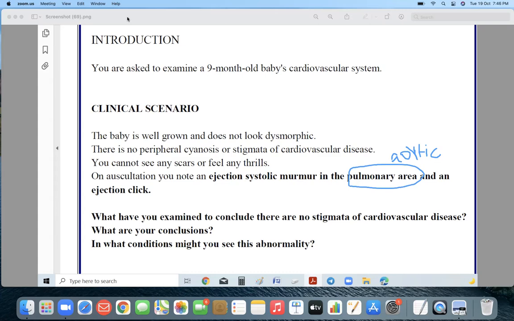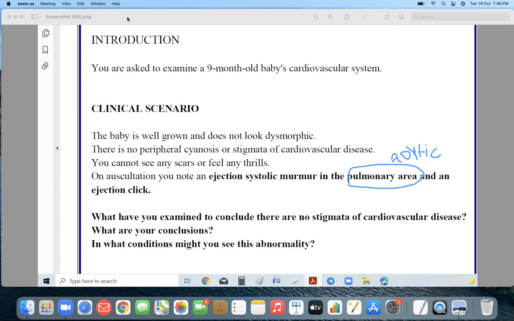If incompetence is there, then there will be another murmur, a mid diastolic or early diastolic murmur, in the third left intercostal space, third or fourth.